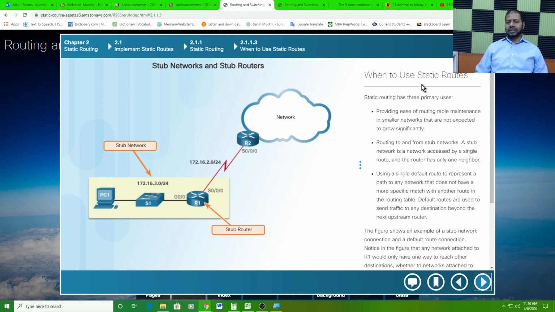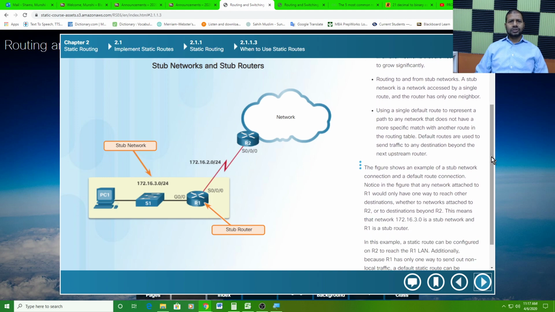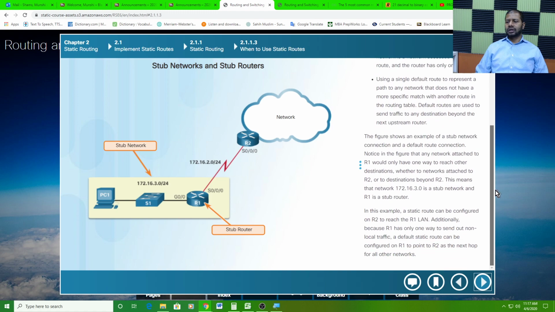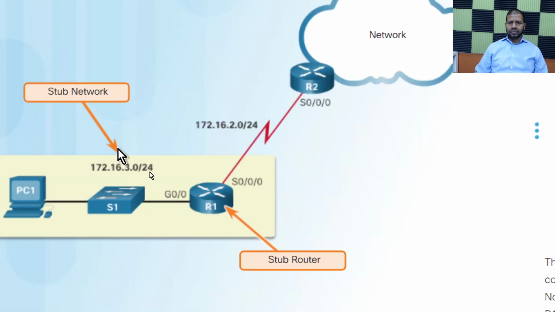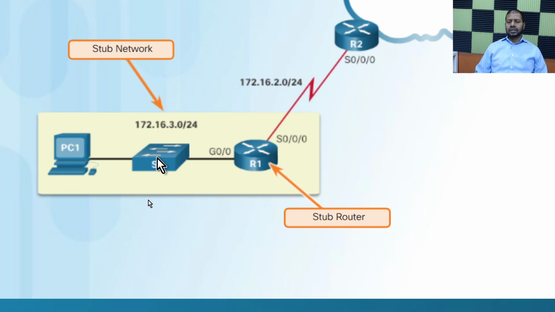When to use static routing? Then you may say, okay, how do I decide? Do I use static routing? Do I use dynamic routing? There are some scenarios where static routing becomes more useful. Here is a picture. Here is a scenario. This is called a stub network. A stub network is where your topology is very simple.